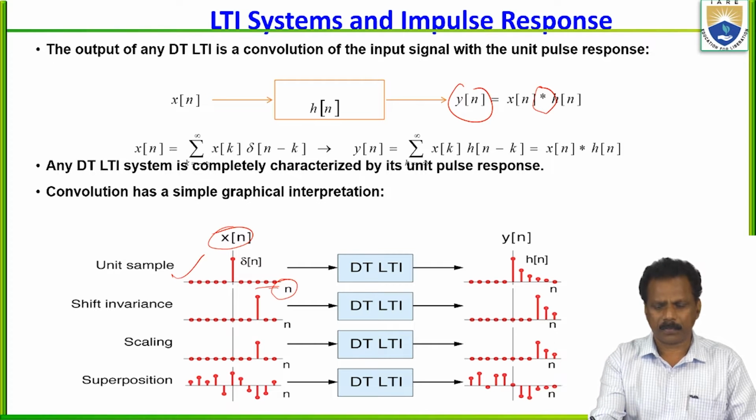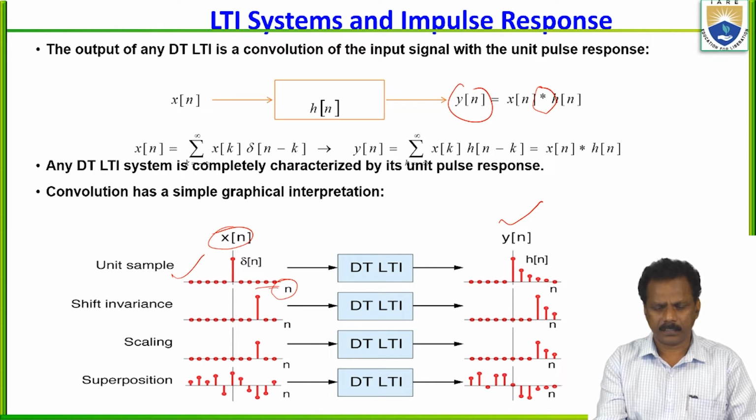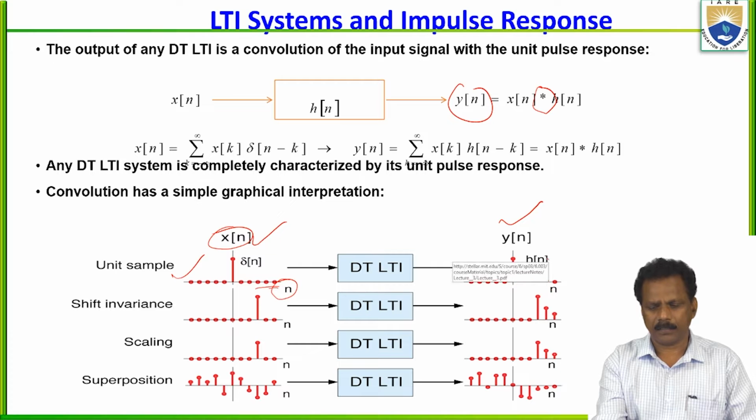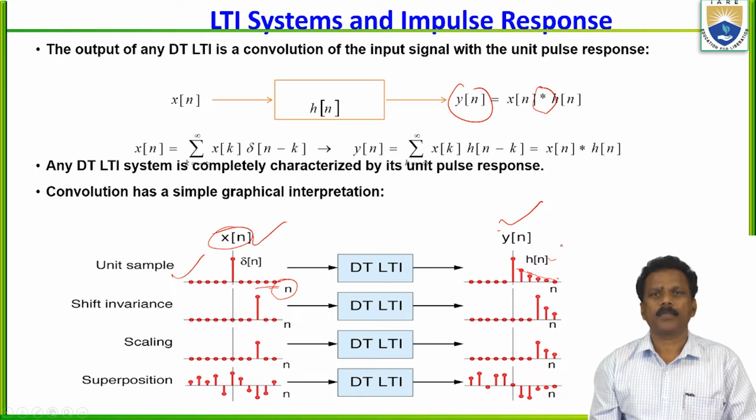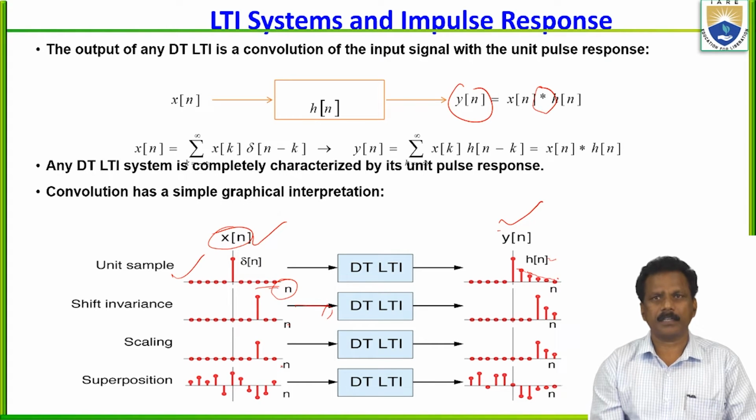We expect the output response y of n graphically, because of the convolution and its simple graphical interpretation, which depends on the unit sample given to the DT LTI system. Next, shift invariance. Now the input is shifted to here, n versus x of n, and it is given to the DT LTI system.